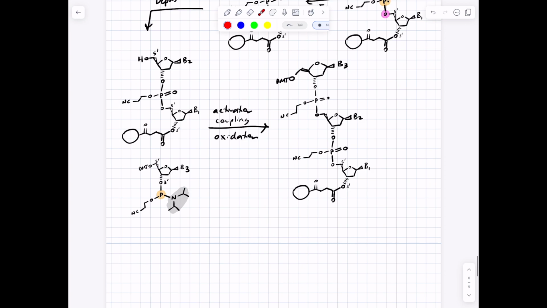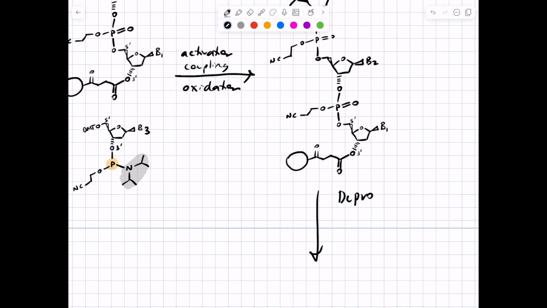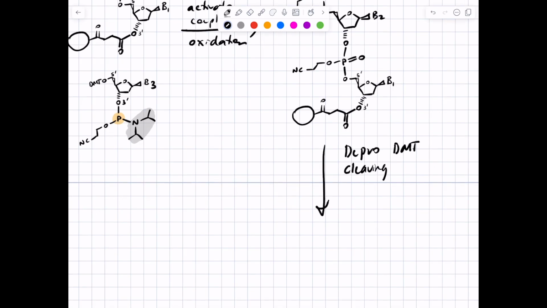At the end of the day, if this was where we were done after we had finished the reaction and we wanted a free 3' hydroxyl, we would do deprotection and cleaving. We would need to deprotect the DMT group, the dimethoxytrityl group. We would need to cleave from the solid support. And then we would also need to cleave the phosphodiester protecting groups.